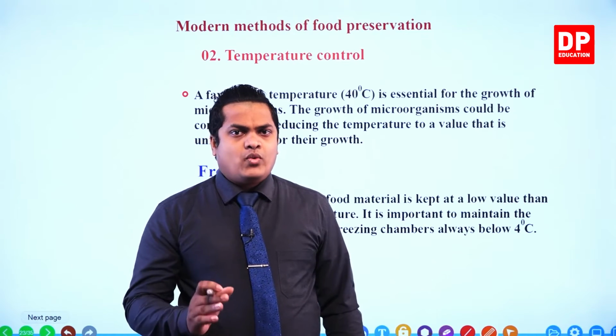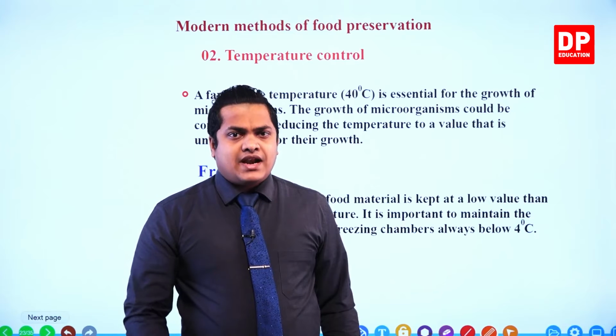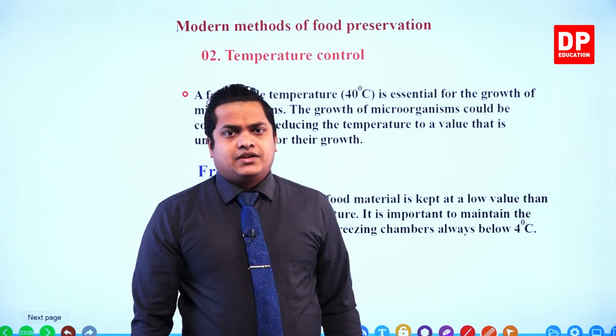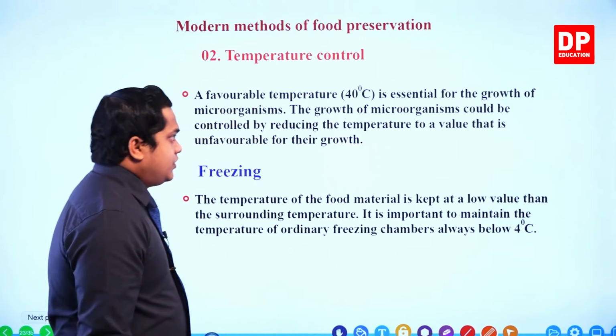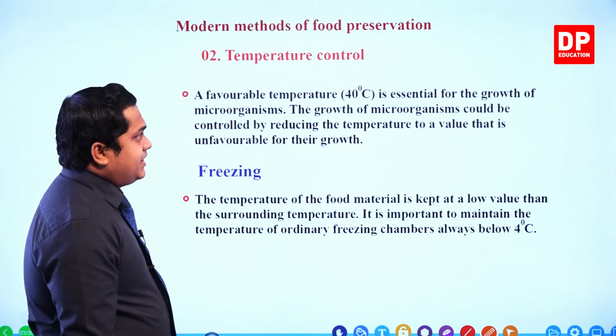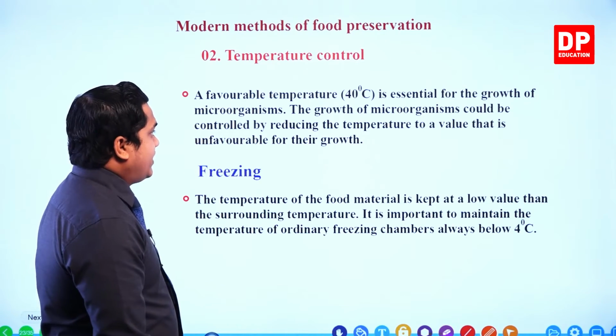Okay, so how are we making an unfavorable condition? By reducing the temperature to less than the normal room temperature. The favorable temperature is around 40 degrees, which is essential for the growth of microorganisms.